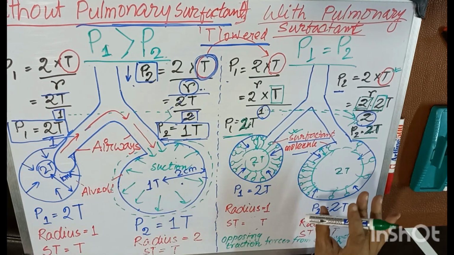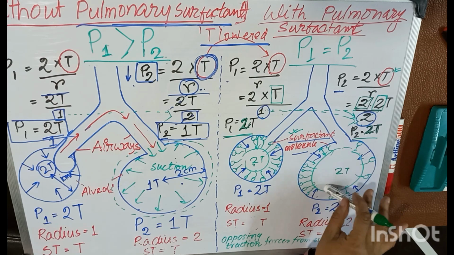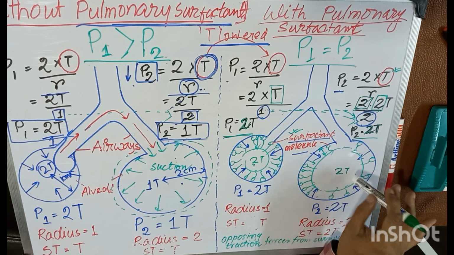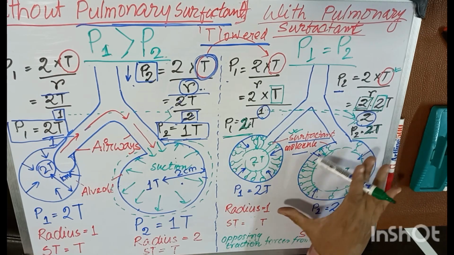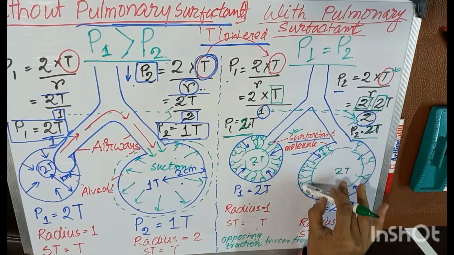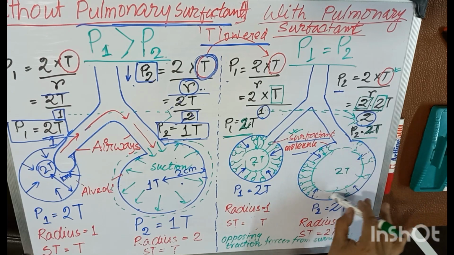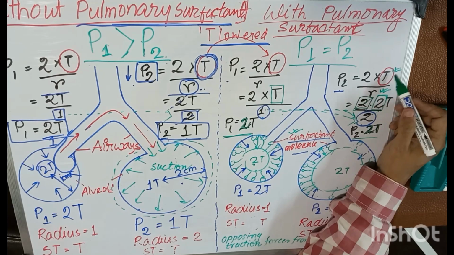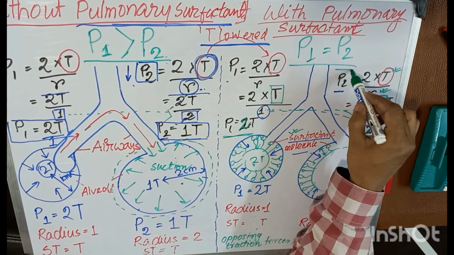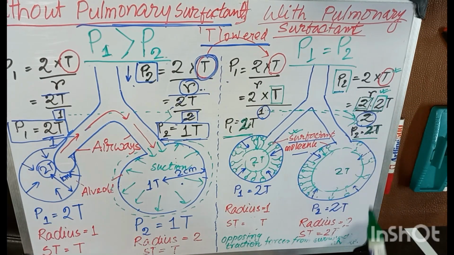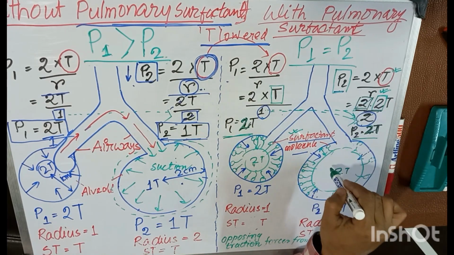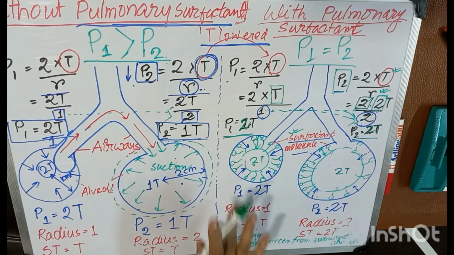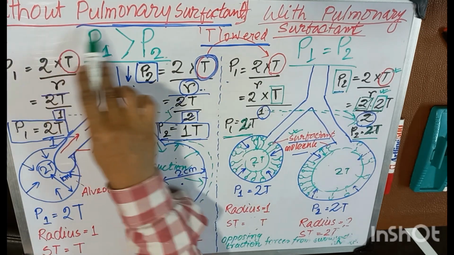But here, with the presence of surfactant molecules, if the alveolus tries to get bigger, the surface tension will increase, and because of this the numerator will increase along with the denominator, and they will cancel out their effects to keep the pressure constant in these alveoli. So this was all about the mechanism of action of pulmonary surfactant molecules.